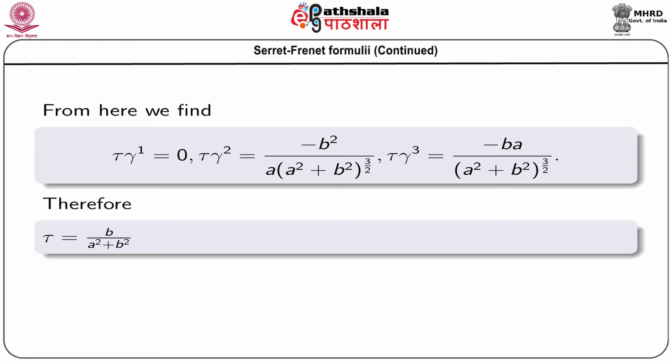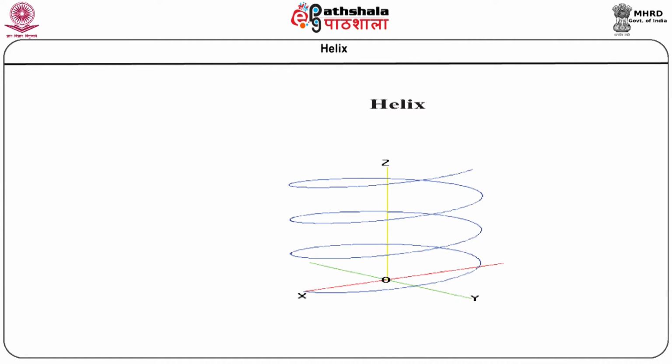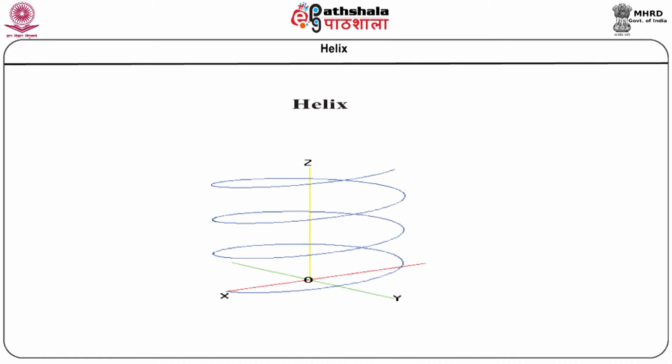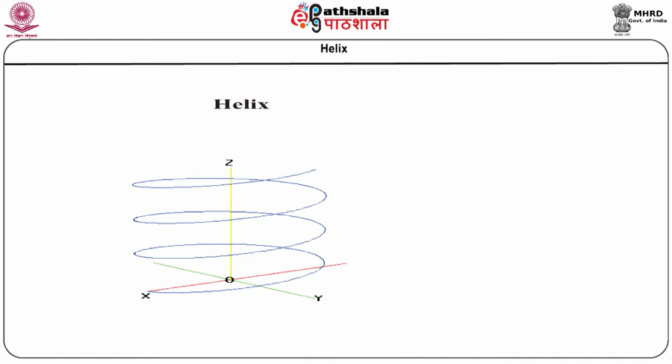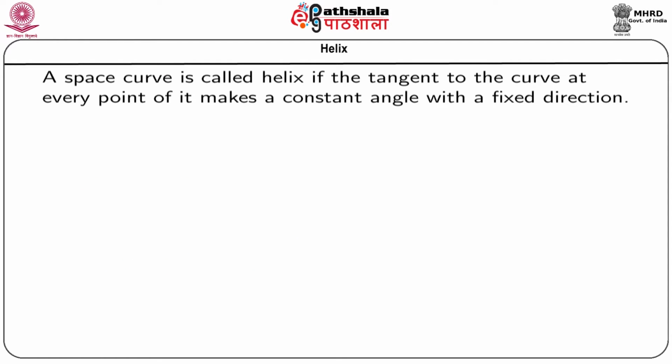So, here kappa is coming a by a square plus b square and tau is coming b by a square plus b square. So, in the previous example we have seen that the ratio of curvature and torsion is a by b.